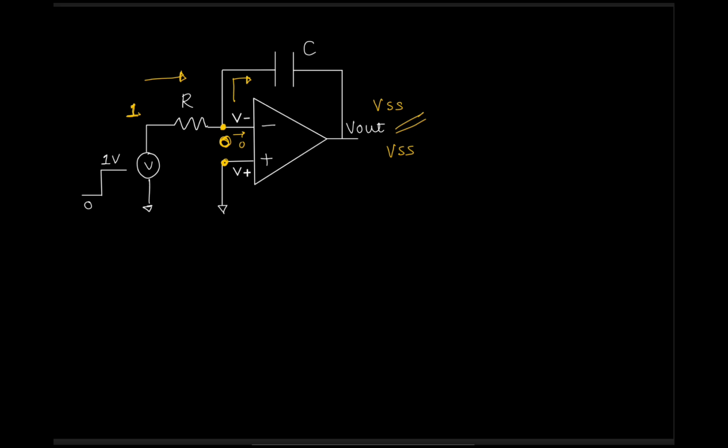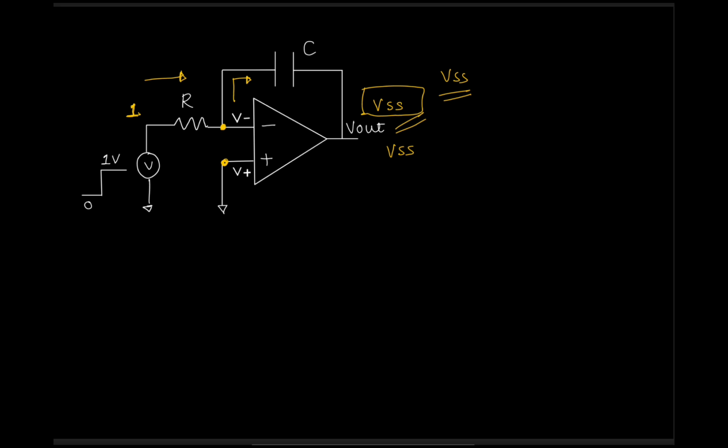Think about it. So the answer is, this is ultimately fixed. This cannot go beyond VSS. So this is fixed, for sure. That means this voltage will change now. Why? What will happen to the negative feedback? What will happen to the virtual short?